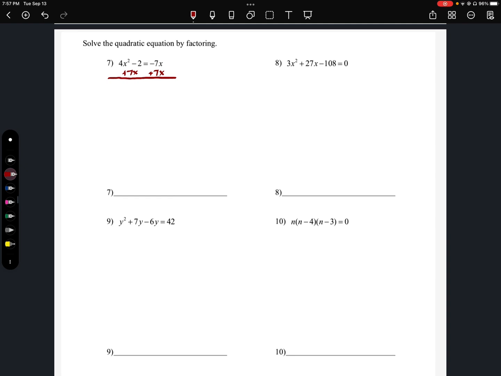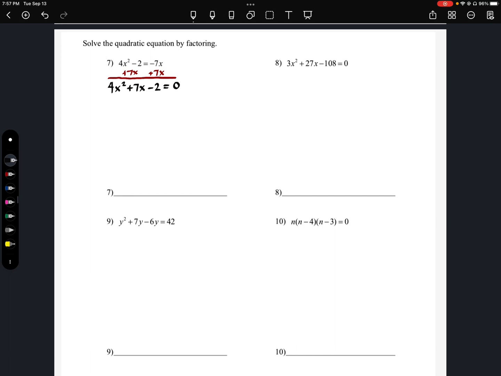So what we're looking at here is 4x squared plus 7x minus 2 is equal to 0. All right, and since we've got the 4, 7, and 2, it doesn't look like there is a greatest common factor outside of 1.